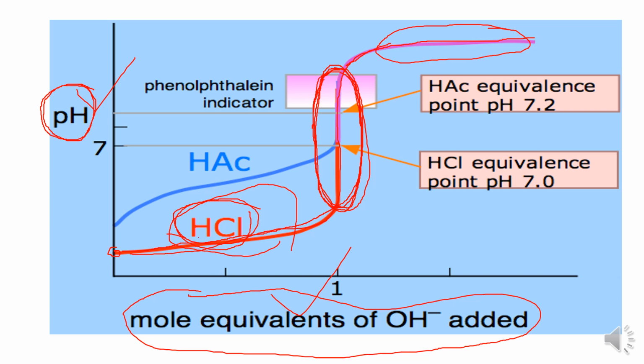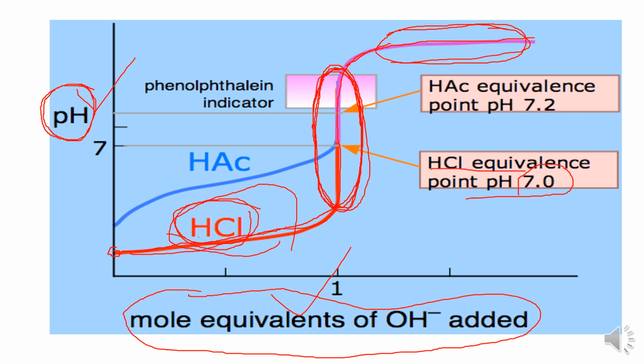Due to the absence of H plus ions and presence of only OH minus ions after the equivalence point, the line becomes straight toward the x-axis. So the steep rise in pH marks the equivalence point, and HCl has an equivalence point near 7, right?